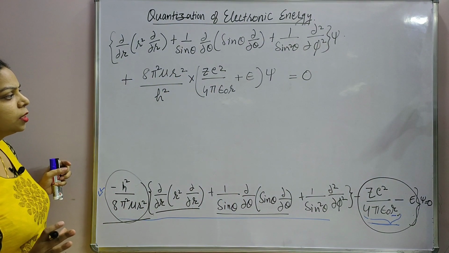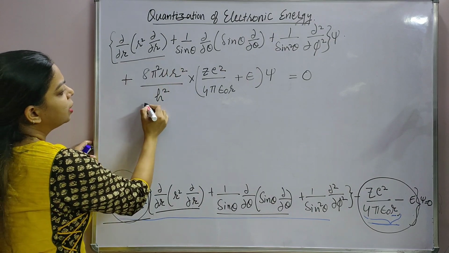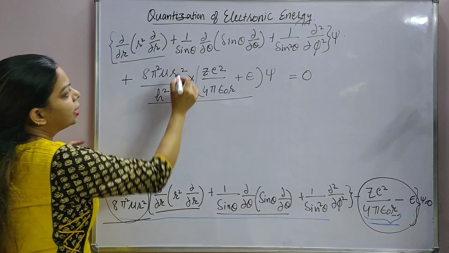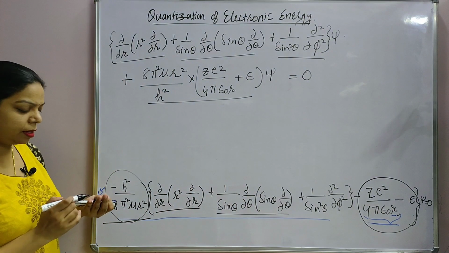This we will have. So now I can combine this r term and this entire term, and the sin theta and phi terms will be separated.